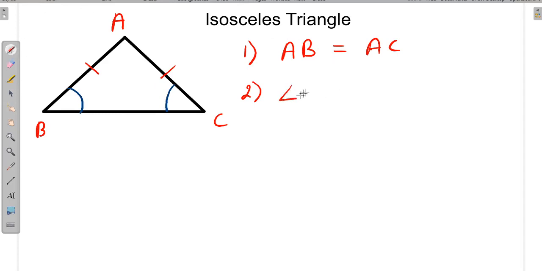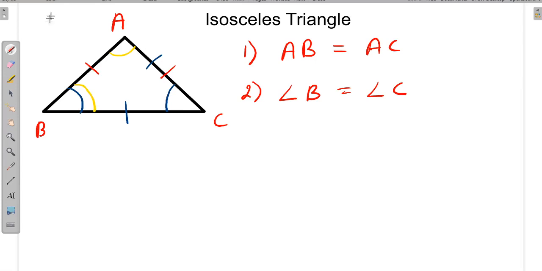So angle B is equal to angle C. Suppose that in another triangle these two sides are equal. When these two sides are equal, then these two are the base angles, and these base angles are equal.